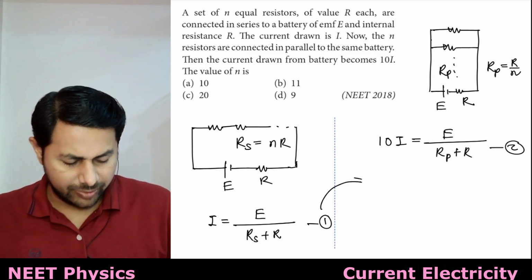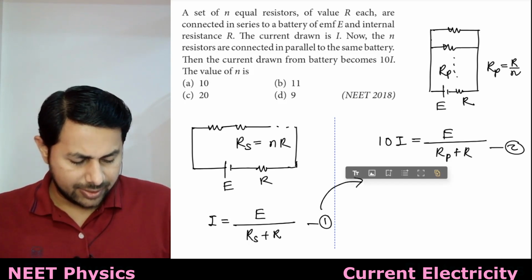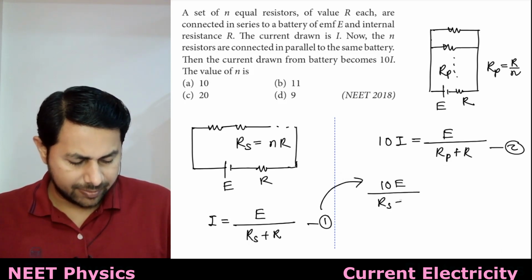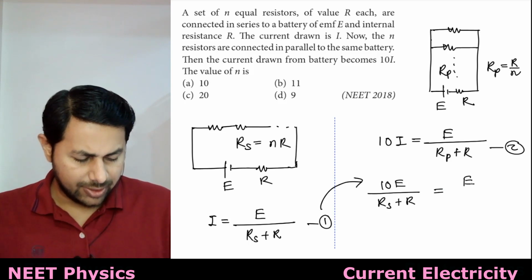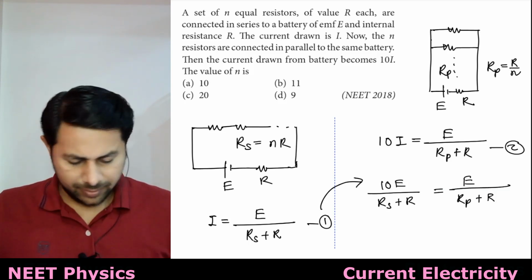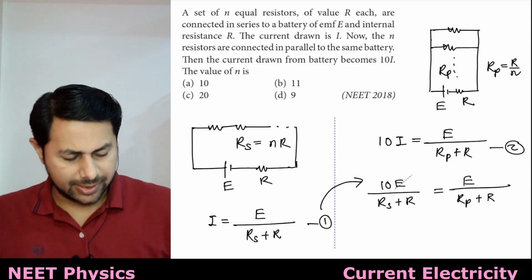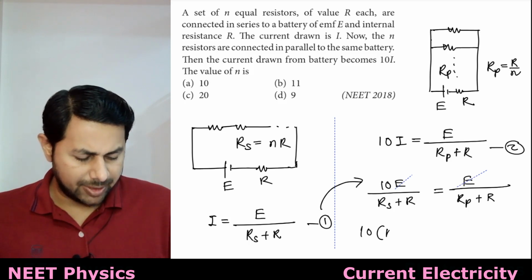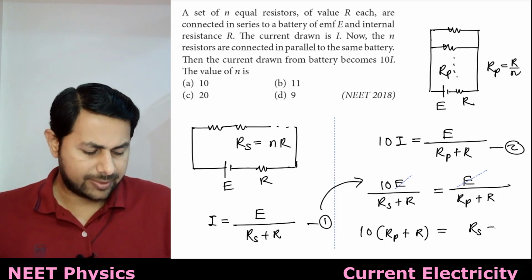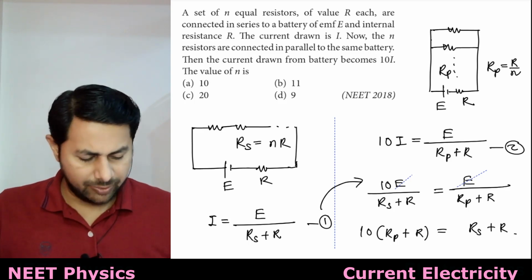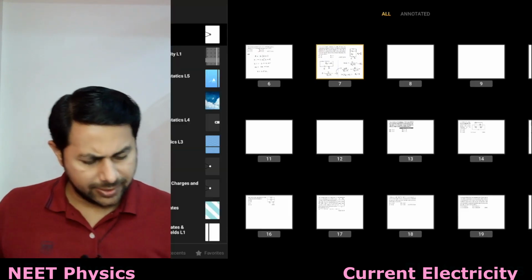So from that, what do we get? 10E divided by Rs plus R is equal to E divided by Rp plus R. E gets cancelled out, and what remains is 10 times Rp plus R is equal to Rs plus R. Then we can substitute values of Rp and Rs.